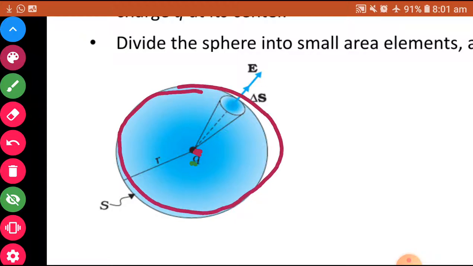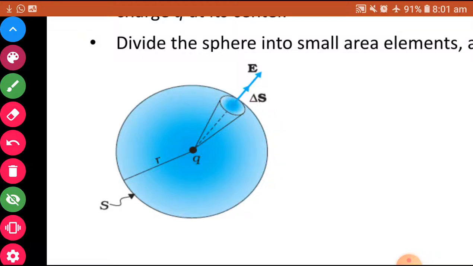So the sphere is enclosing the charge q, and we are going to divide this spherical surface into small area elements. Let us consider that this area element is delta S.